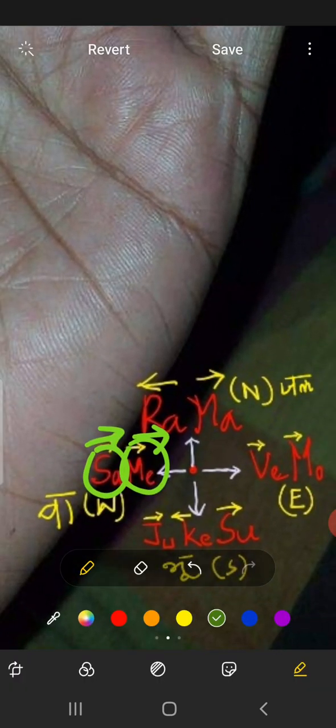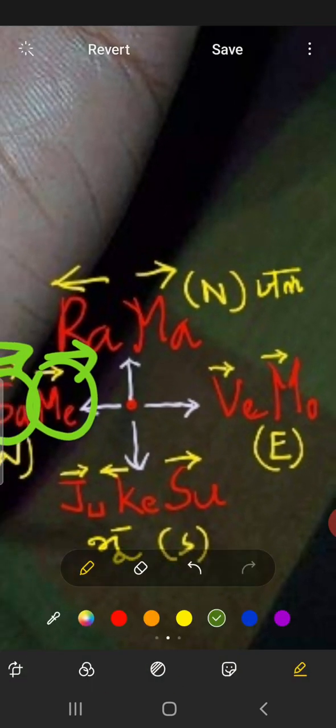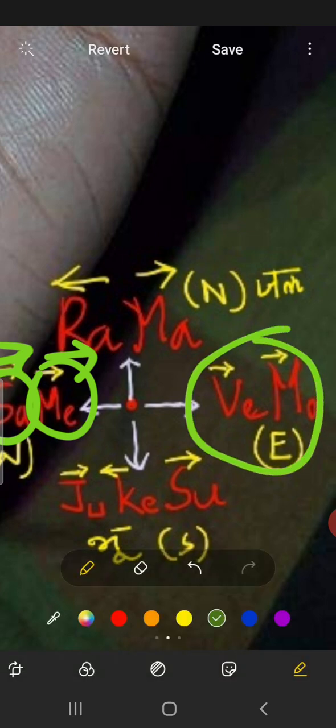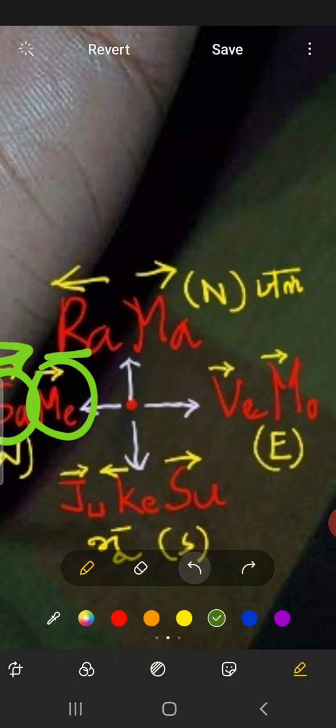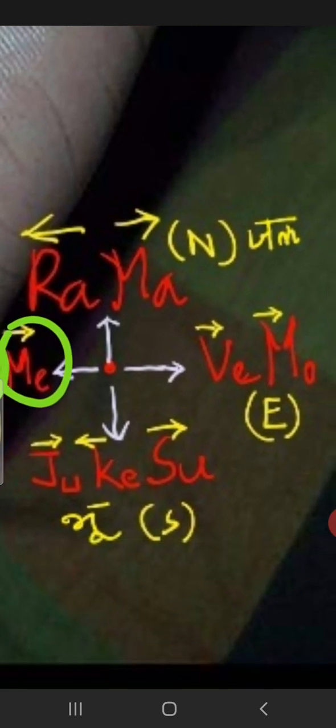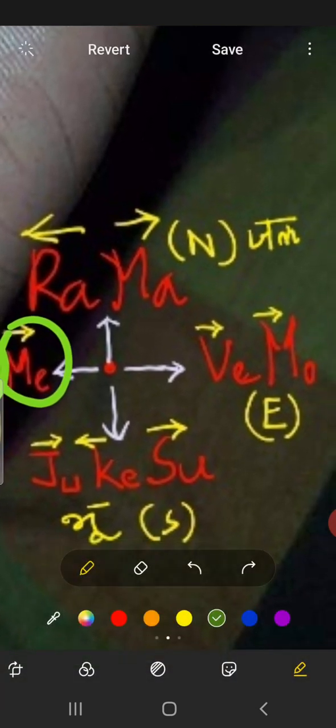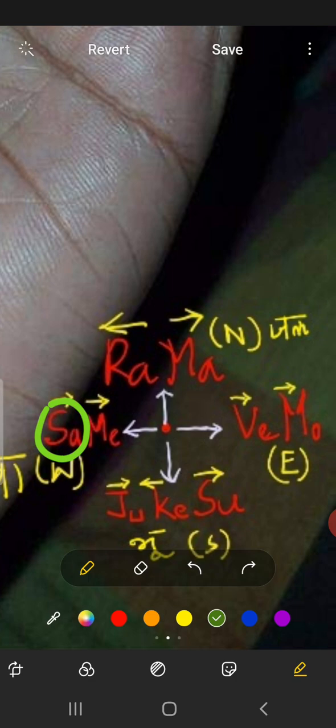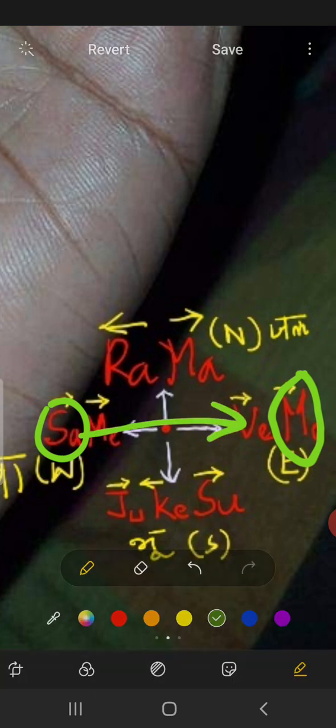Now similarly, when we place in the Agni Tattva Rashi, we will see that the Venus and Moon are in the same Tattva, and the Moon is ahead of Venus. Okay, from this Tattva chart you can clearly see that the Shani has a relationship with Moon because it aspects the Moon.